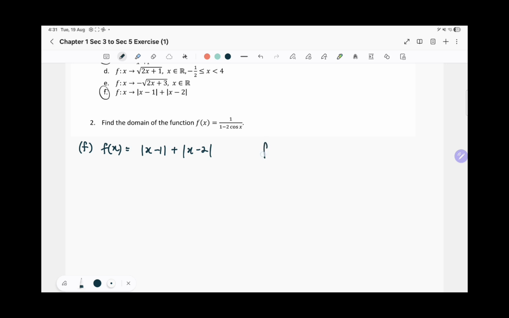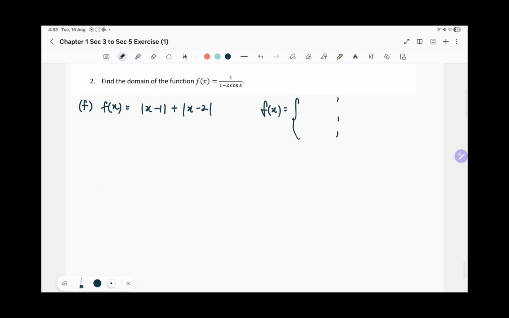So you know your f(x) can be written in something like this with the condition. But we have to figure out what is the expression in the condition. So before we go to that, look at the modulus function separately, individually like this. Modulus x minus 1 can be equal to itself or the negative of it.